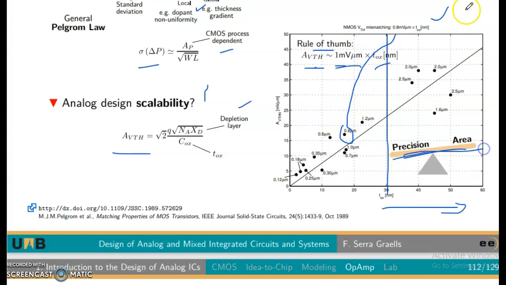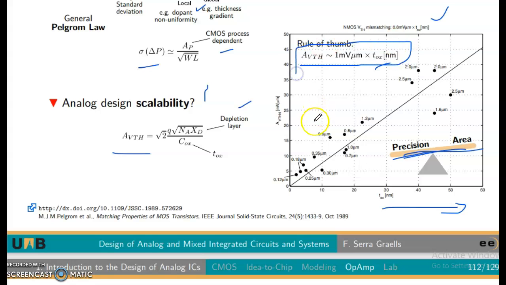This is the precision area. Rule of thumb: A_VTH is approximately 1 mV micrometer times T_OX in nanometers.